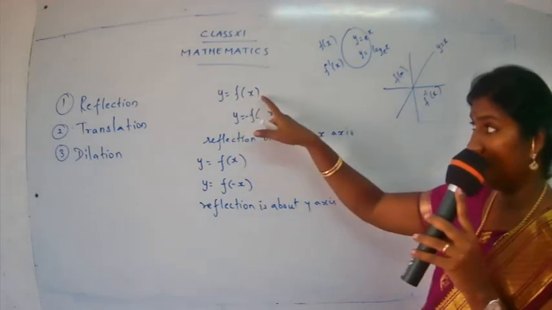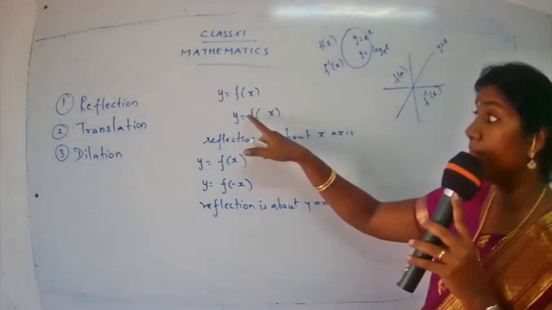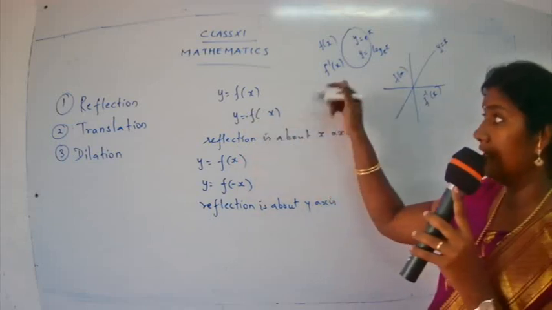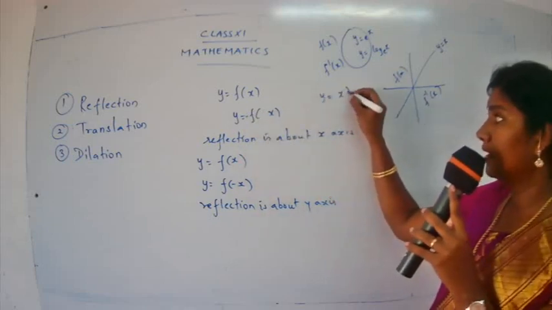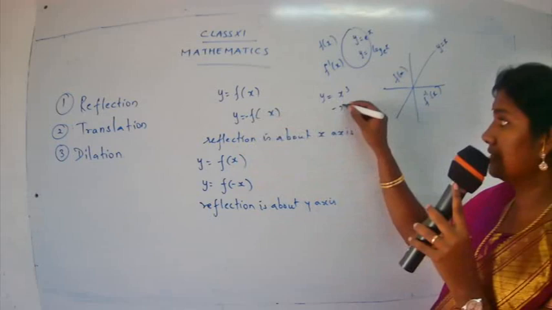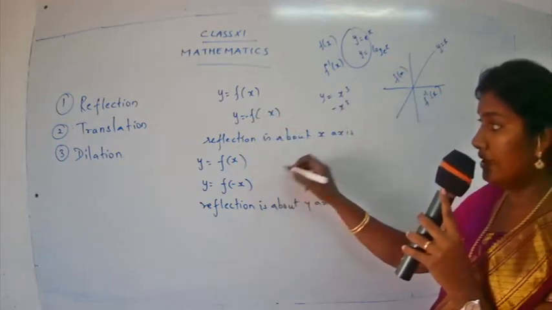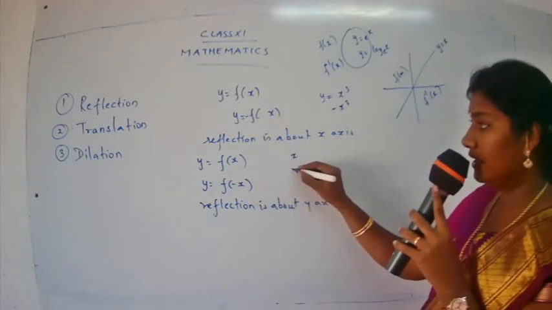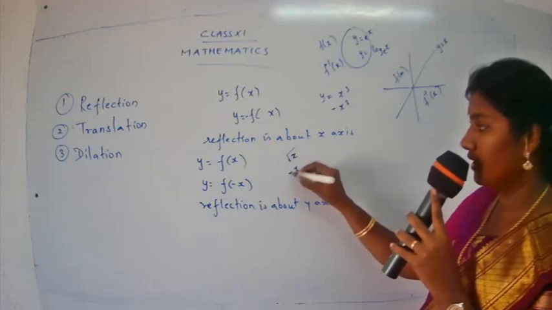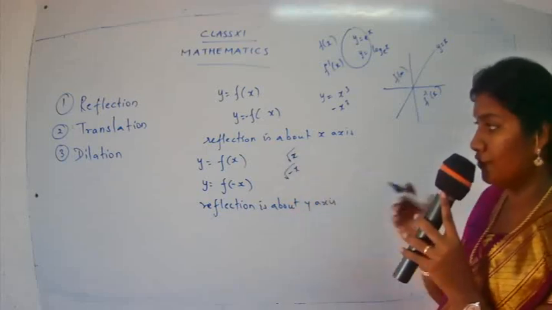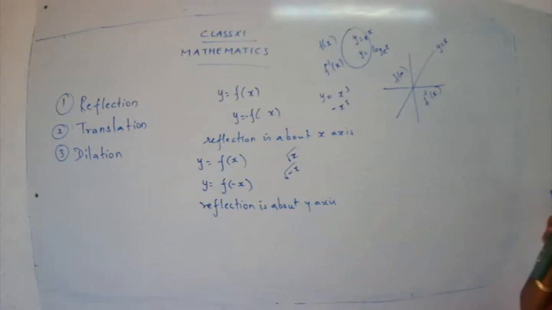If you have y is equal to x cube, here the minus is in the front, minus x cube. Here if you have x, it will be taken as minus x, root of x, minus root of x. So if you have such a condition, the reflection is about the y-axis.